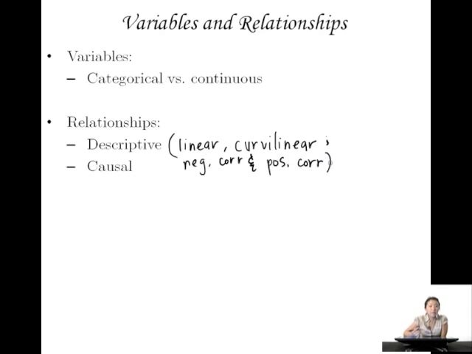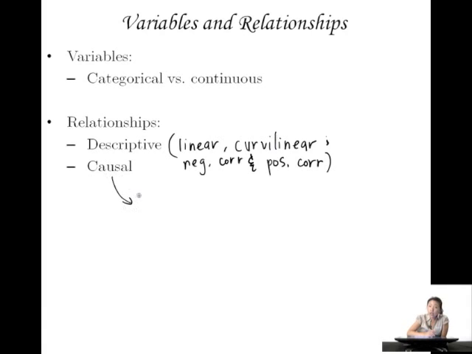Right? But all of those relationships are descriptive. They're just describing what the relationship is like. They're not actually telling you whether one variable causes the other variable. Those are causal relationships. They're not necessarily telling you that one variable doesn't cause the other one either, right?